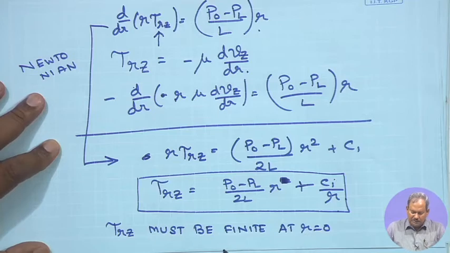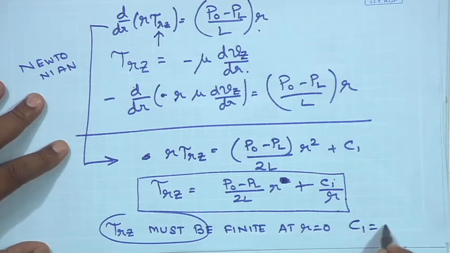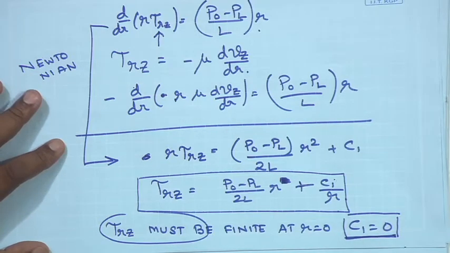Shear stress has to be finite at r equals 0, and this can only happen if C1 is 0. So, the fundamental condition that the shear stress cannot be indefinite at any point in the flow field will give me a definitive value for one of the boundary conditions.